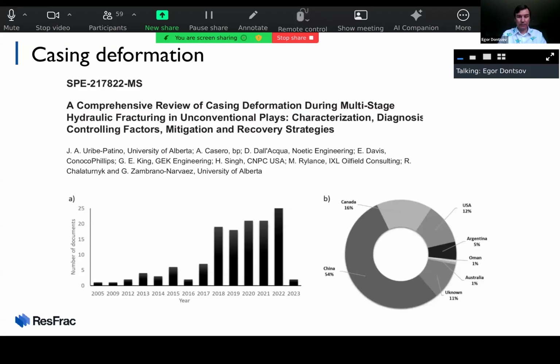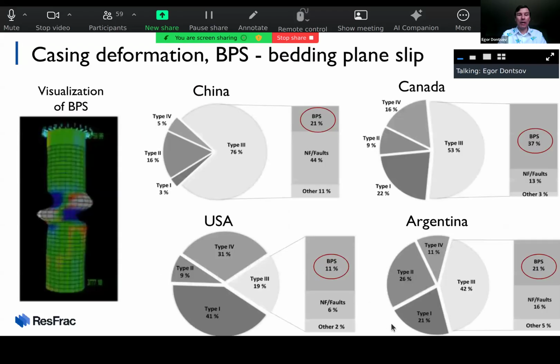It has all the statistics, distribution by country, and also different types of casing deformation. What I want to emphasize is this BPS. It's called bedding plane slip. And there are a lot of them in China, in Canada. It's not 100%, it's 20%, 37%, but it's not negligible.